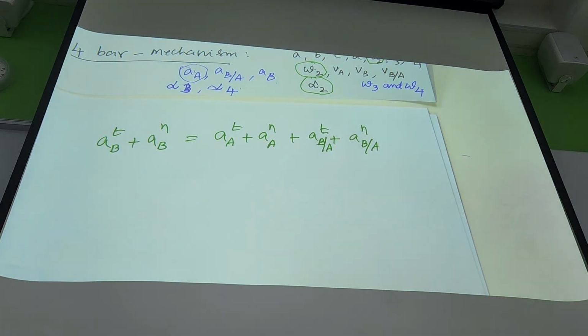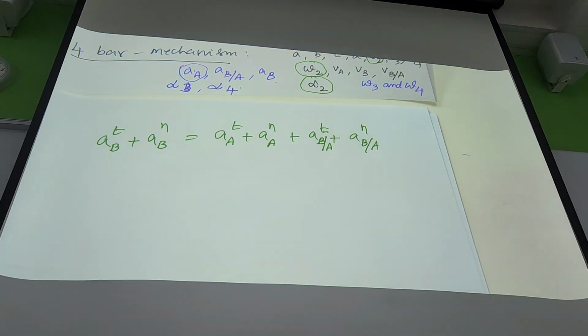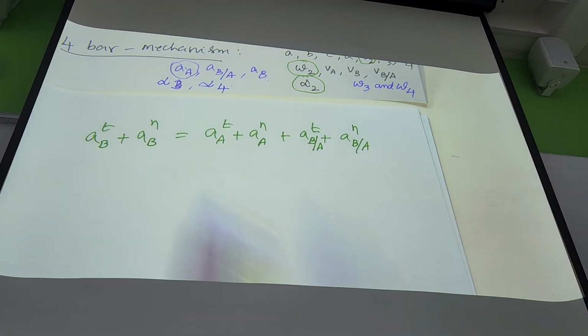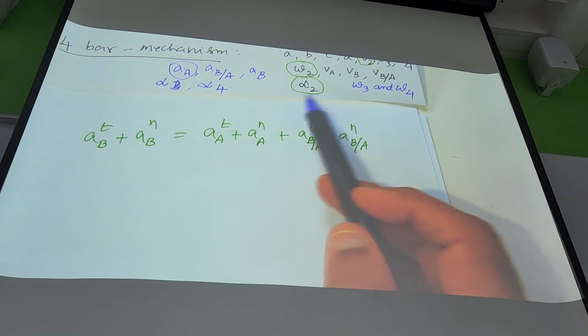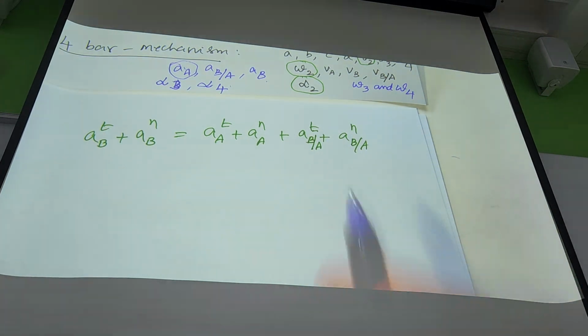So this is the guiding equation for us. Now from this equation, what are the things we know? Because angular acceleration alpha 2 is given, we can calculate the acceleration of A.